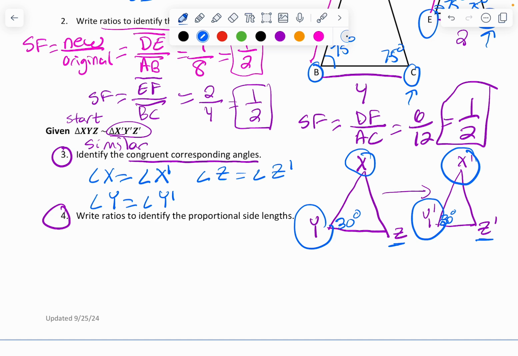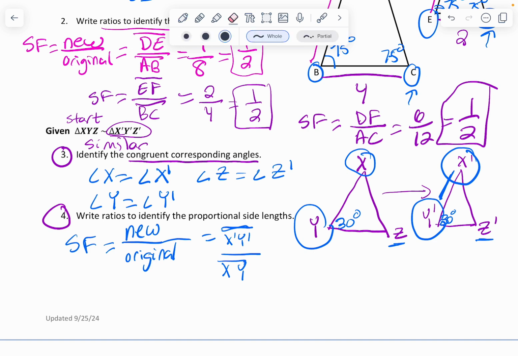Okay, now I'm going to talk about proportional side lengths. What order do you go in? The way you organize this is huge for us. So I find my dashes, X prime, Y prime. I'm going to put my little line on top over, I'm going to say XY.